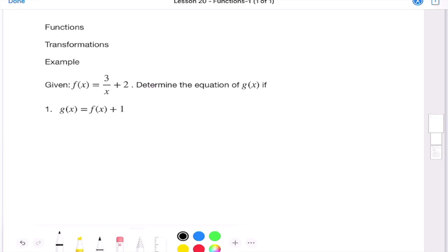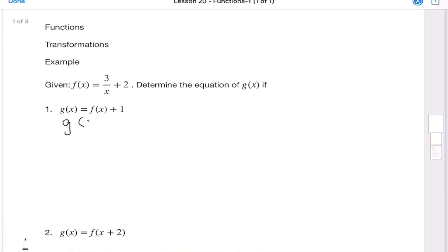You will notice it says determine the equation of g if g of x is equal to f of x plus 1. So g of x is obtained from f, which means f is transformed. Now clearly, to get g in this case, we just need to add 1 to f of x. You can go back then and just do that.